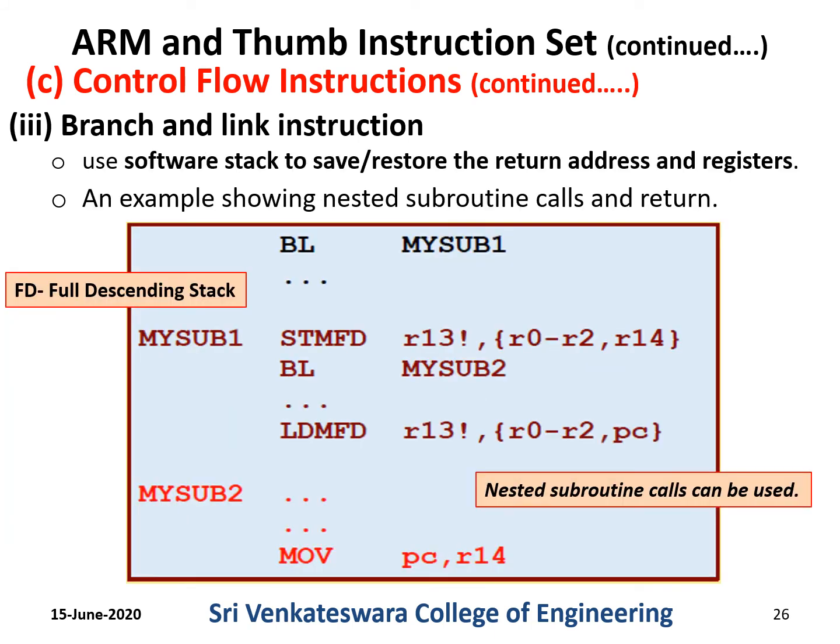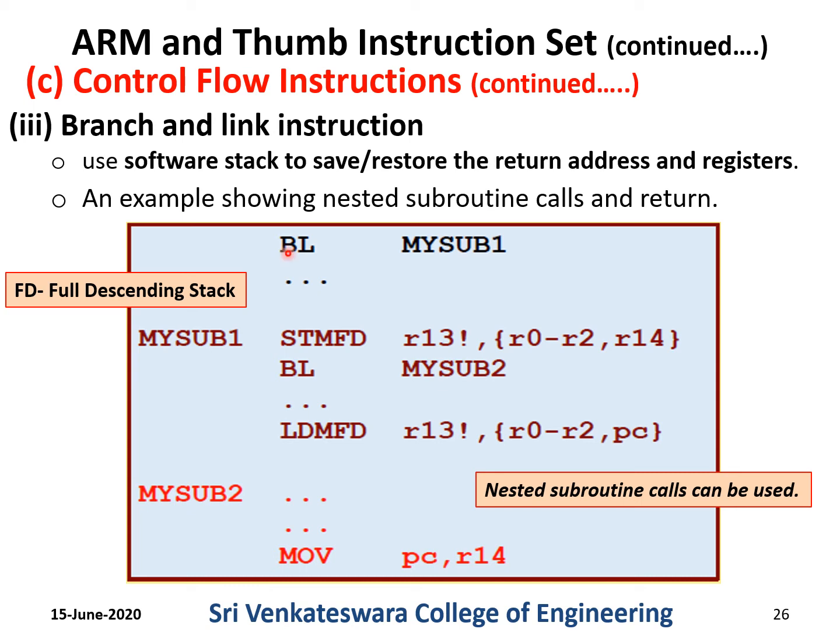The next type of control flow instruction is again branch and link. This is mainly used to implement a software stack to save and restore the return address as well as some register values. In the given example, we will also see how multiple, or nested, subroutine calls can be used.